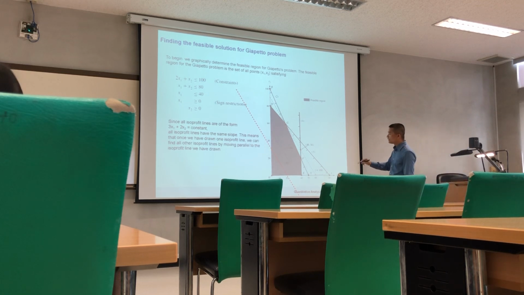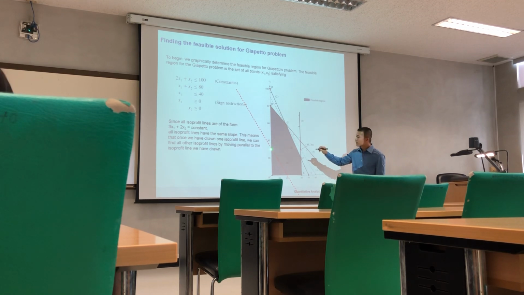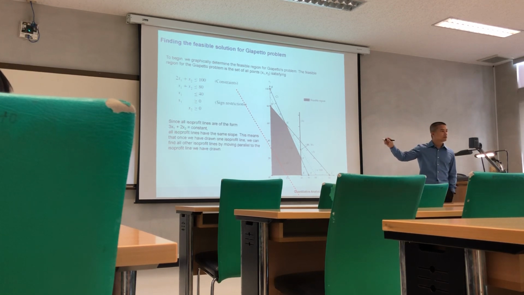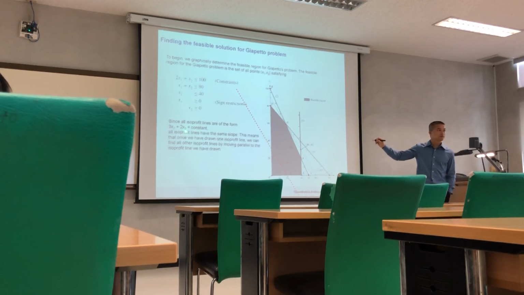For example, if I pick this point here, 30, that gives you x1 is 0, x2 is 30. That gives you a profit of how much? x2 is 30, x1 is 0. That gives you a profit of 60.